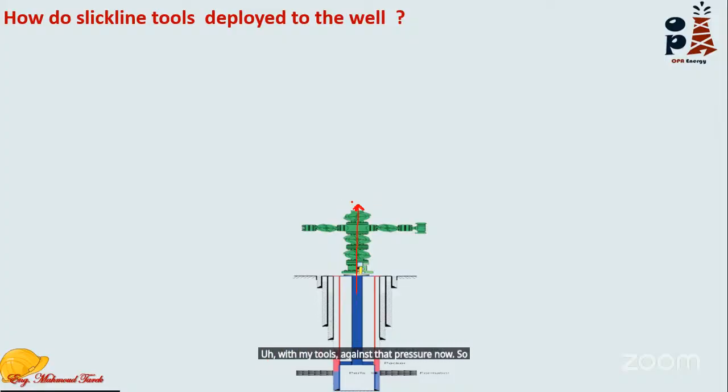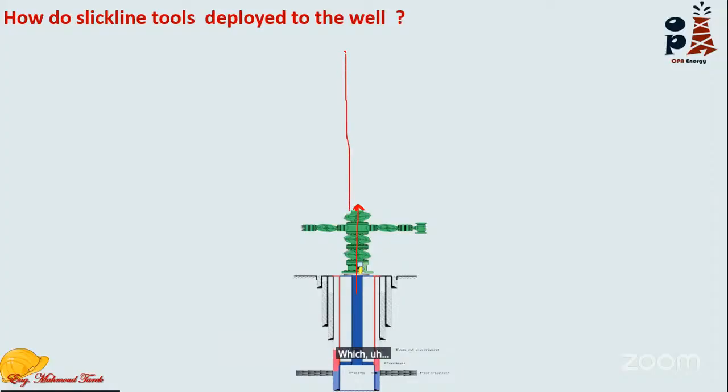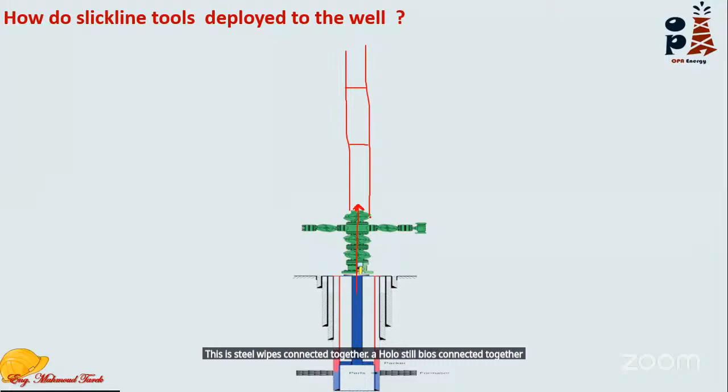So there is what is called a PCE, which, if we imagine here, is lubricators or risers, as we said. These are hollow steel pipes connected together and connected above the Christmas tree.